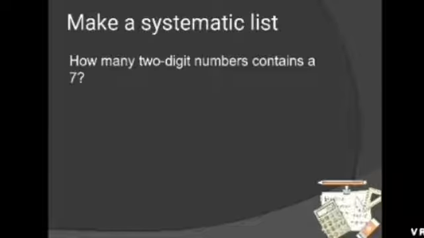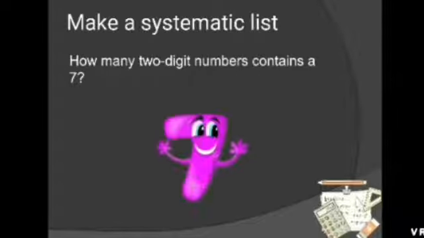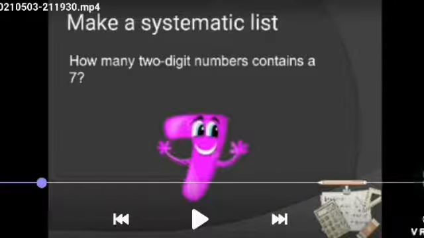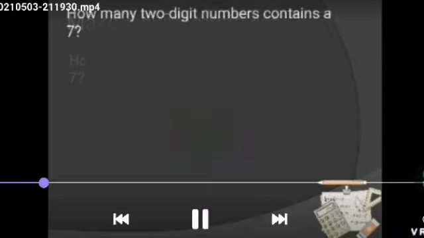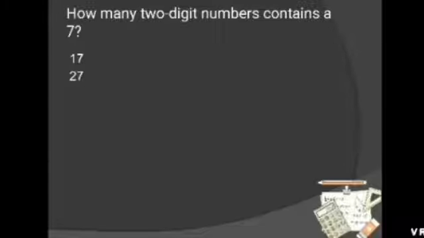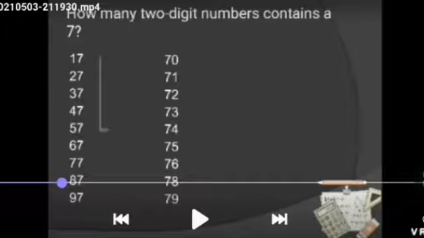So the next is make a systematic list. How many 2-digit numbers contain 7? We have 17, 27, 37, 47, 57, 67, 77, 87, 97. 70, 71, 72, 73, 74, 75, 76, 78, 79.